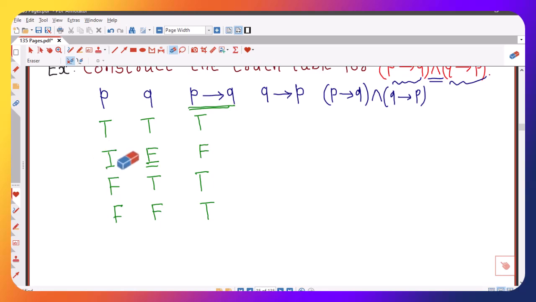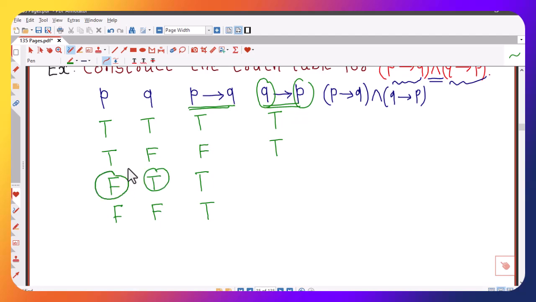Now for Q implies P, by the definition this is false if Q is true and P is false. So here we can see Q is true and P is also true, so it is not false. Here Q is false, so we don't worry about P, it is always true. Here Q is true and P is false, therefore this becomes false.